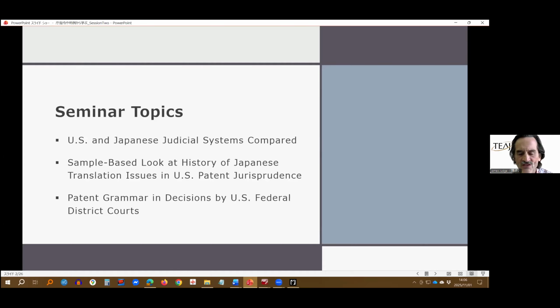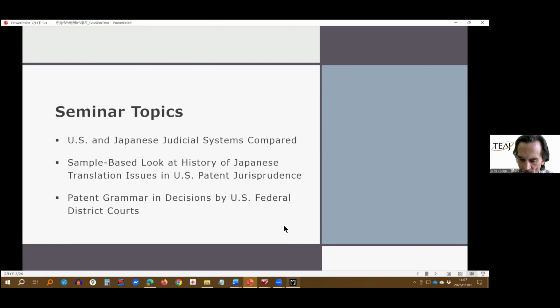And of course, we as translators need to always be aware of grammatical issues. And I say patent grammar because even though the grammatical issues are based on everyday English grammar, the particular decisions have an impact on patent prosecution as well as enforcement.